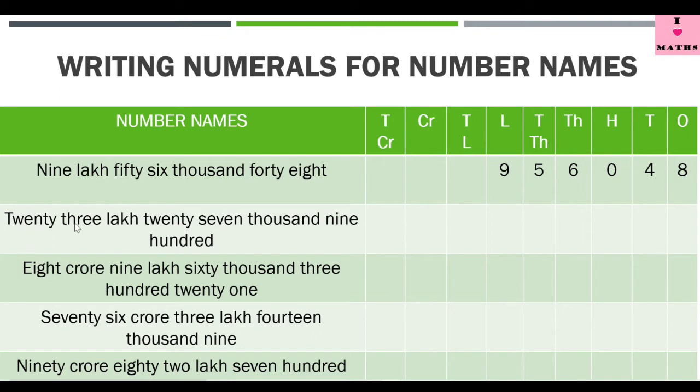23,27,900. 23 lakh. So 10 crores column and crore column, you can just put zeros or keep them empty. 23 lakh.